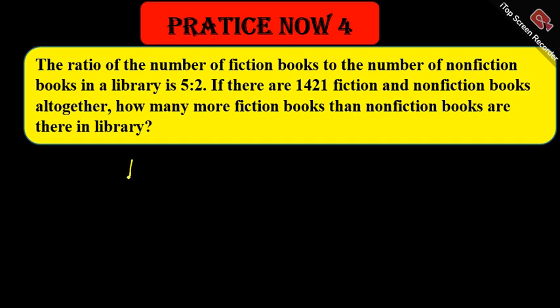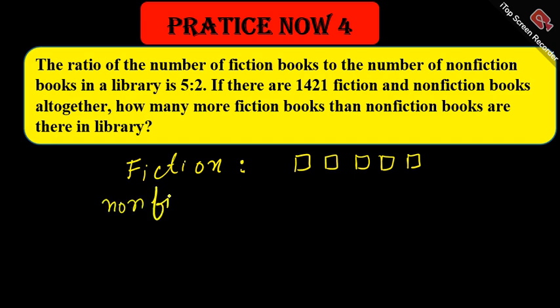So again we draw the table, we draw the chart. The number of fiction books is 5, 1 2 3 4 and 5, and the number of non-fiction books is 2. How do we know that? Because the ratio between them is 5:2.